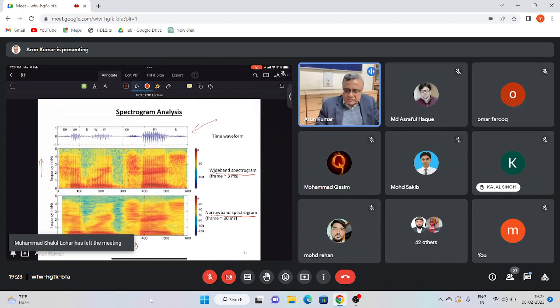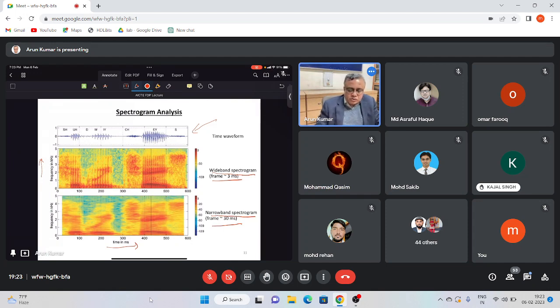Here we have a frame size of 3 milliseconds in the wideband spectrogram, and for the narrowband spectrogram, the frame duration is longer, which leads to fine frequency domain resolution and correspondingly poorer time domain resolution.